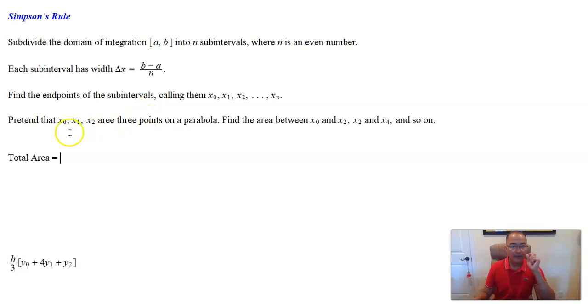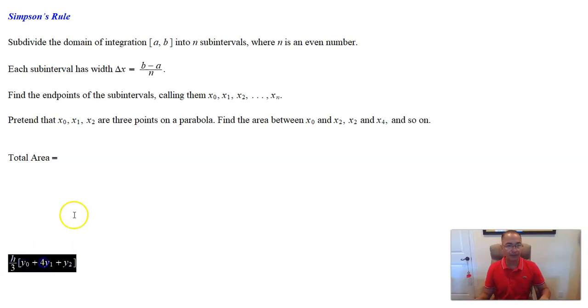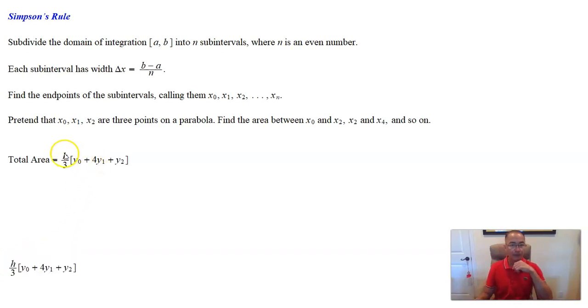We will take the first 3 endpoints, x0, x1, x2, and we are going to string the points corresponding to these coordinates into a parabola. So we said that the area of that first parabola is exactly h over 3, which is delta x over 3. And the contributions are y0, 4y1, plus y2.